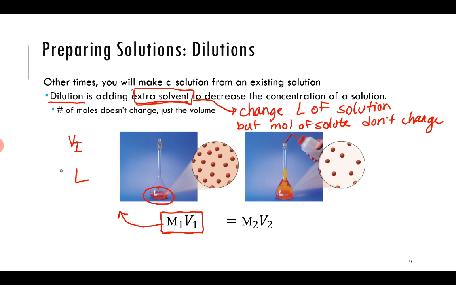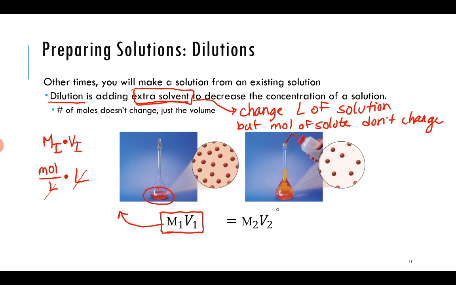I'm multiplying by whatever concentration that was, and my molarity is moles per liter. The liters cancel out, and I'll be left with my moles. So my initial molarity times my initial volume gives me moles.